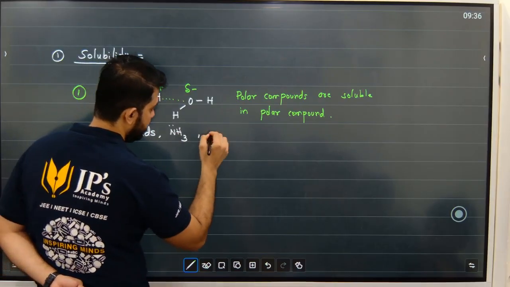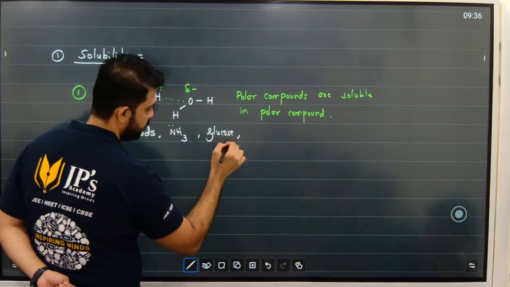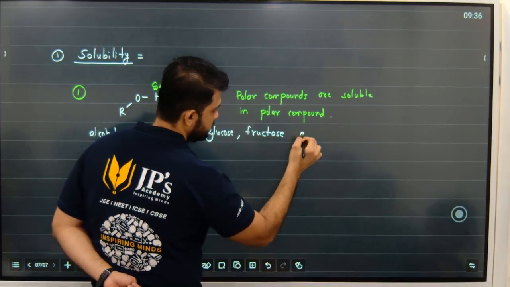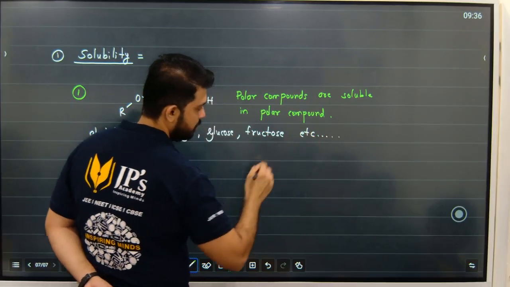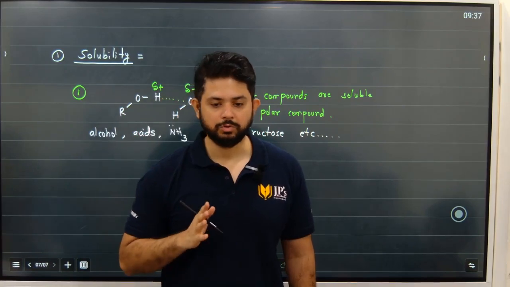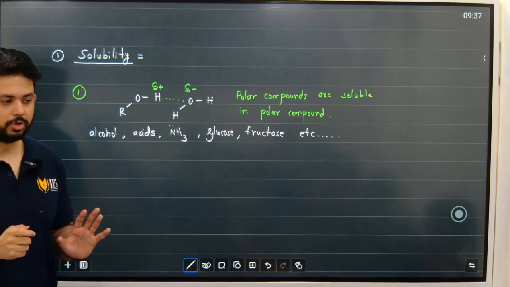Then glucose, fructose, etc. So you have a polar compound, it will be soluble in water. Non-polar compounds are insoluble in water.